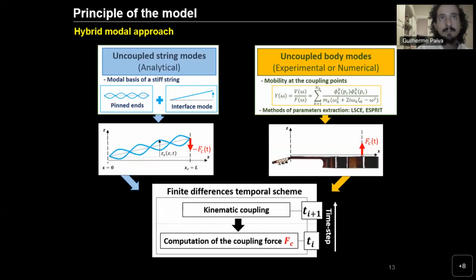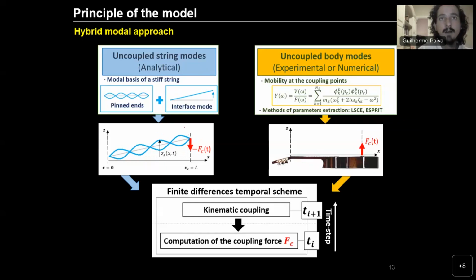This interface mode is the mode associated when the string is pinned at one end and at the other end is loaded, okay, here. So how can we couple these two structures, string and body? We consider a coupling force acting at the string-body coupling point, okay?